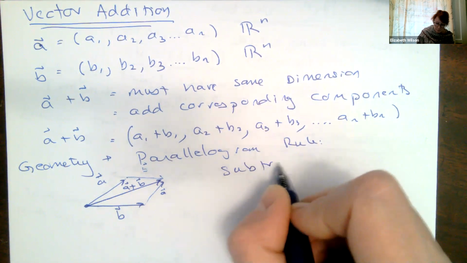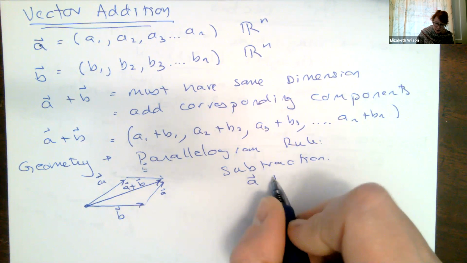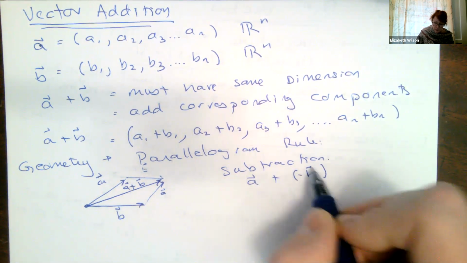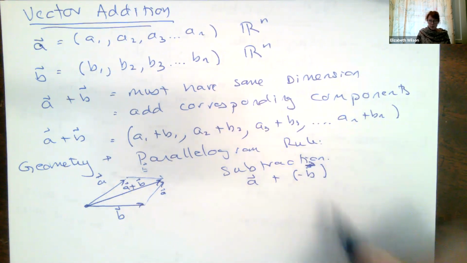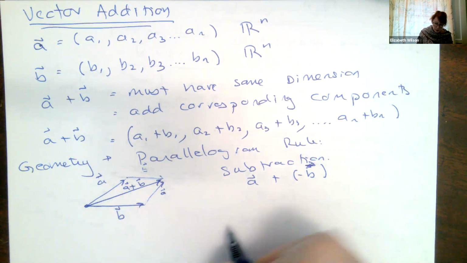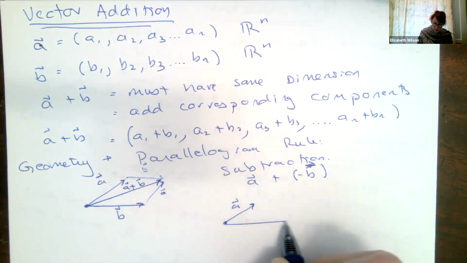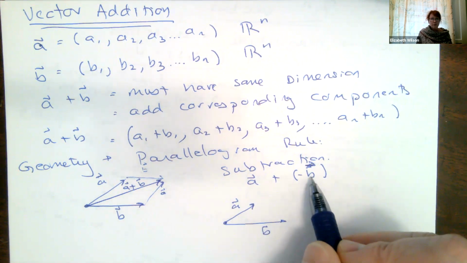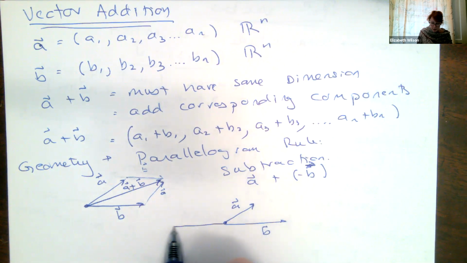Subtraction is the same thing. I would go A plus a minus B. We're going to talk about scalar multiplication in a minute, but what this minus B says is that I've multiplied B by -1. Let me draw this out again. Here's my A, here's my B. Minus B is equal to B in magnitude, but it's pointing in the opposite direction.